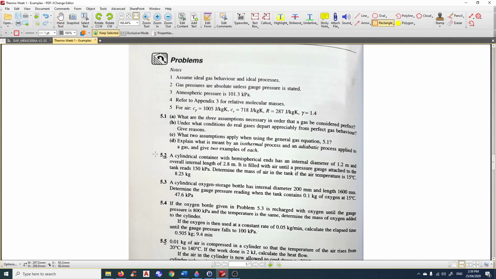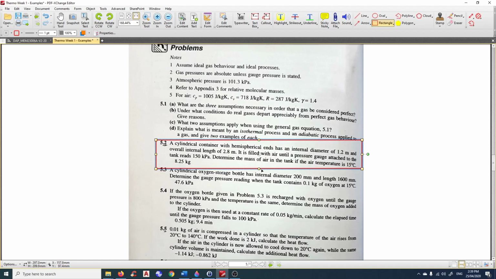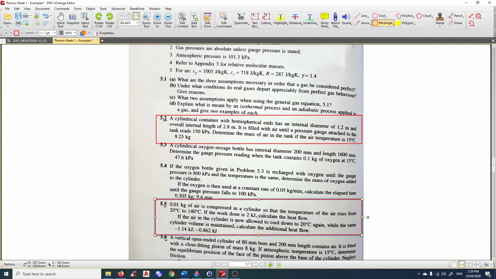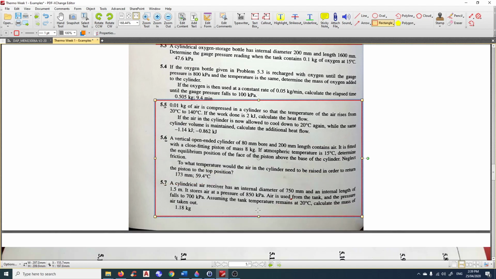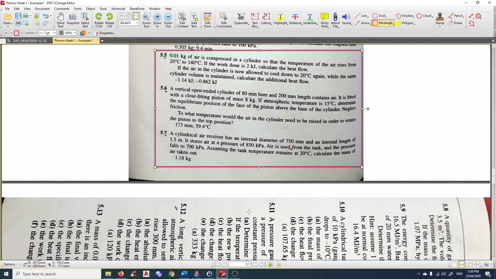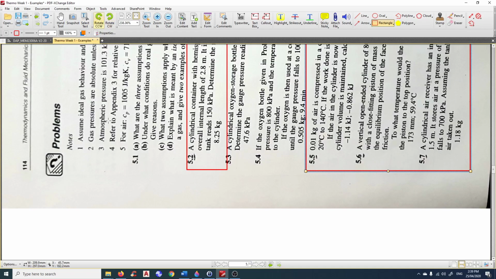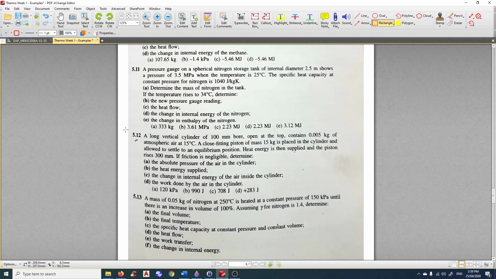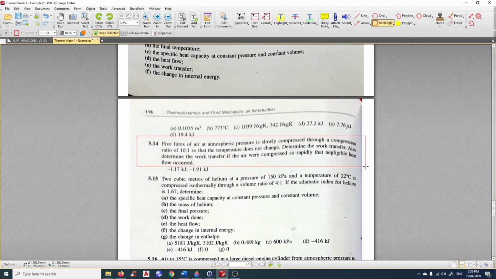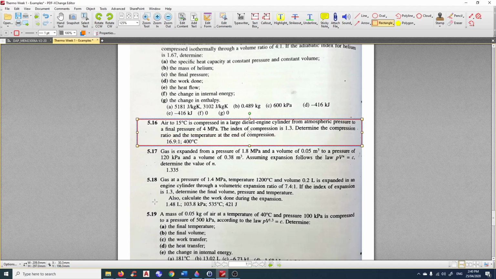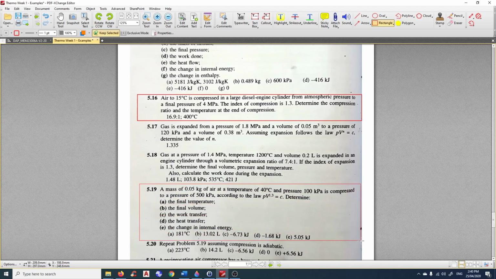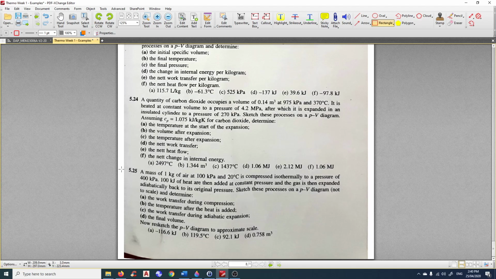So what we'll do: question 5.2, 5.5, 5.6, 5.7, and then let's say 5.12, 5.14, 16, 19, and 25.